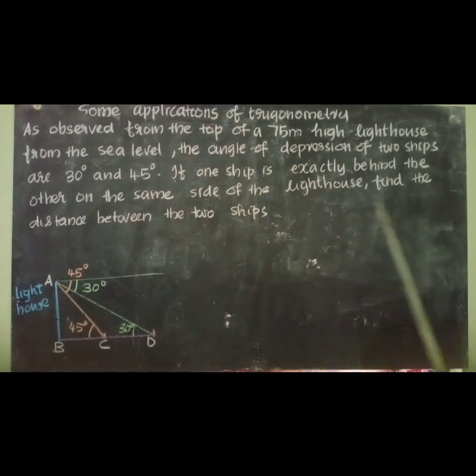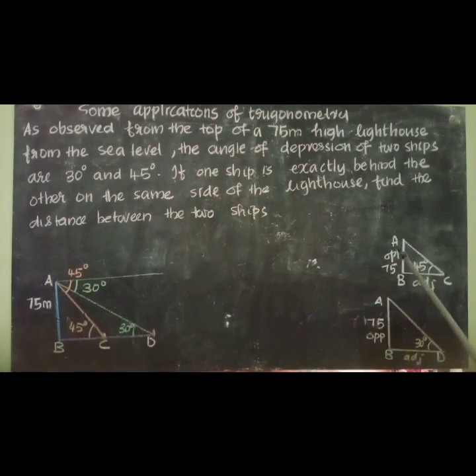The question is find the distance between the two ships. The first ship is here and the second ship is here. The distance between the two ships is CD. So we need to find out the value of CD. So let us draw the right triangles separately. Let us draw the right triangle with the angle of elevation.